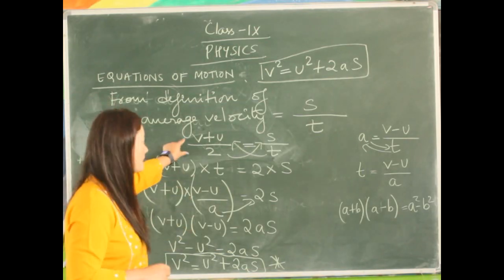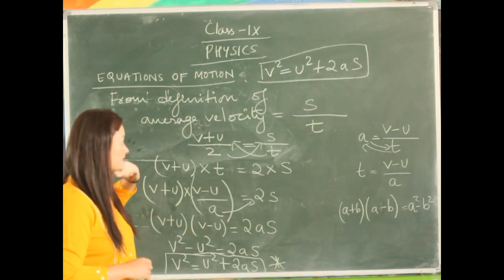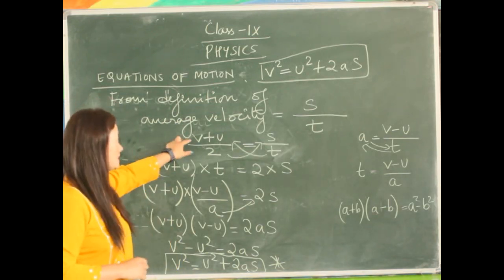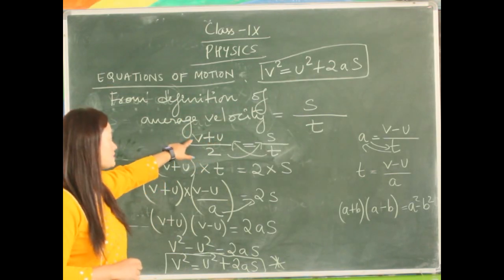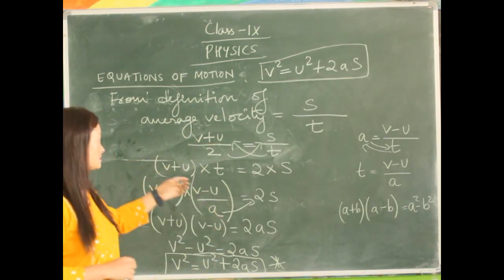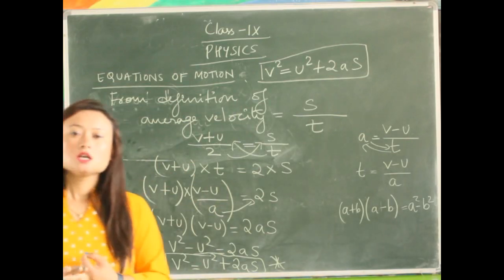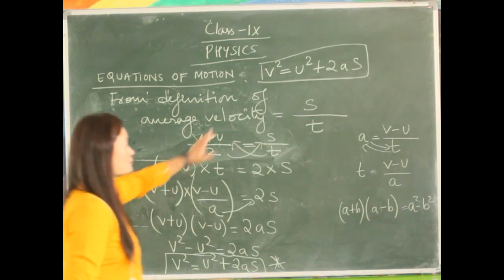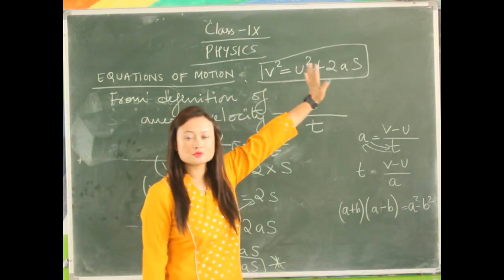We started in the same way and then replaced v, because in the second equation of motion, v is not present. Then the third equation of motion that we derived today is v square equals u square plus 2as.